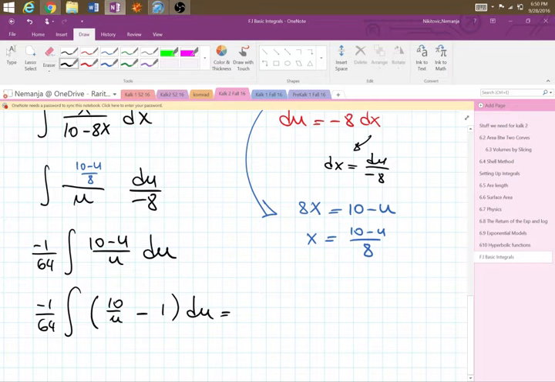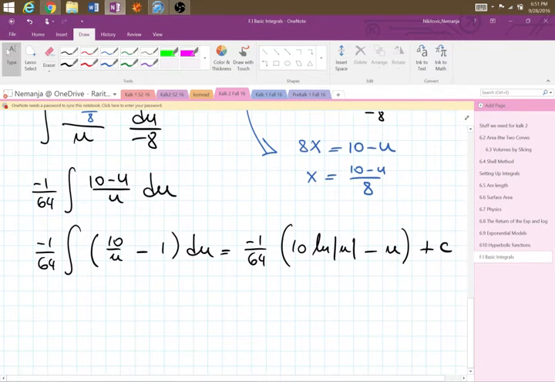And now we're talking about two basic integrals. The first one is ln, and the second one is u. All right. So we have 10 ln absolute u minus u plus c, and we bring back the x again.